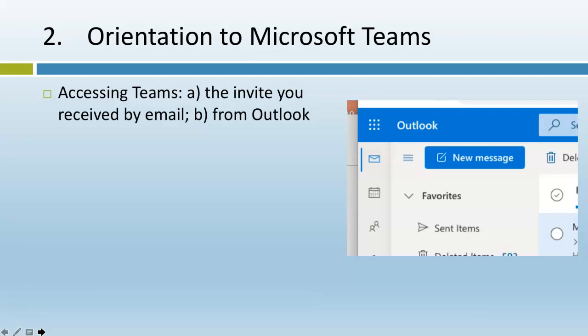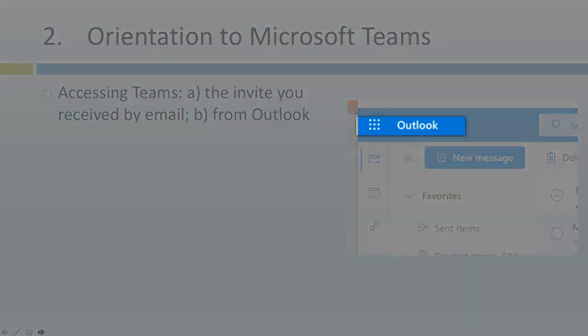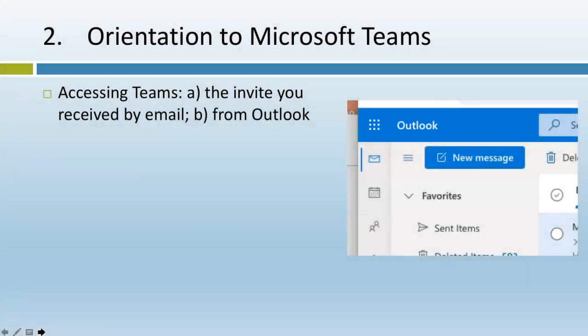And I've included a screenshot here. You'll notice to the left of the word Outlook is a little like phone pad grid. And if you click on that, it will give you a choice of different Outlook apps to choose from, and one of those is Teams. When you click on that, it will take you to the team that I have created for our class.